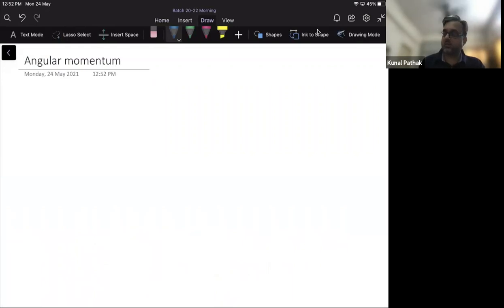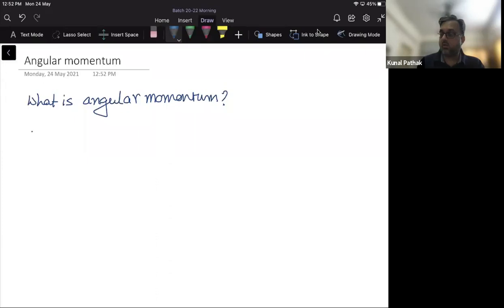Okay, so what is angular momentum? Where does it come from?